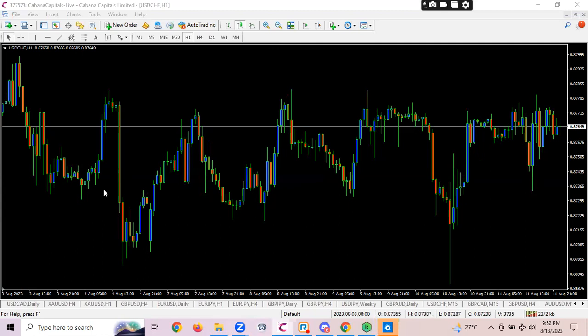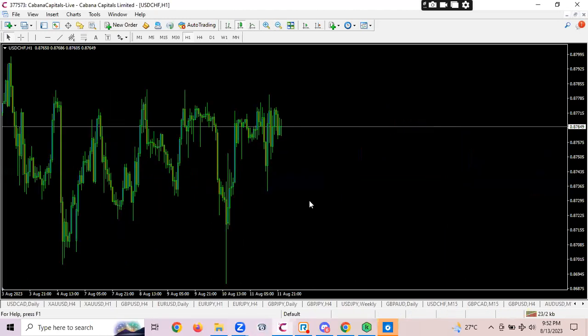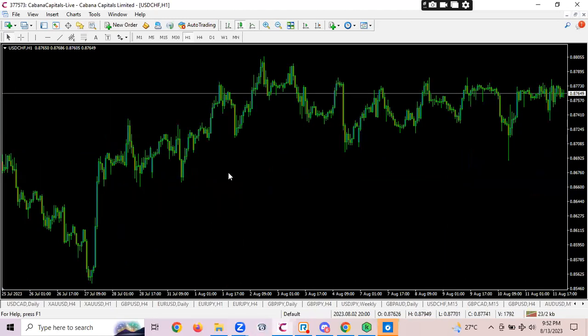It would have been a difficult time trading USD CHF. Price has been in a range from the 3rd of August. Not only from the 3rd, from around 31st of July, it has been in a range.